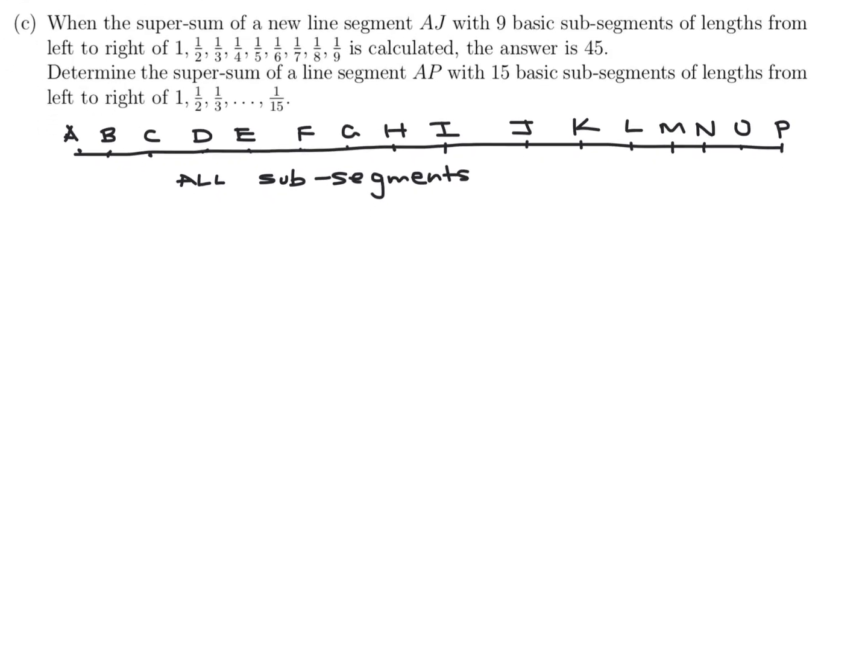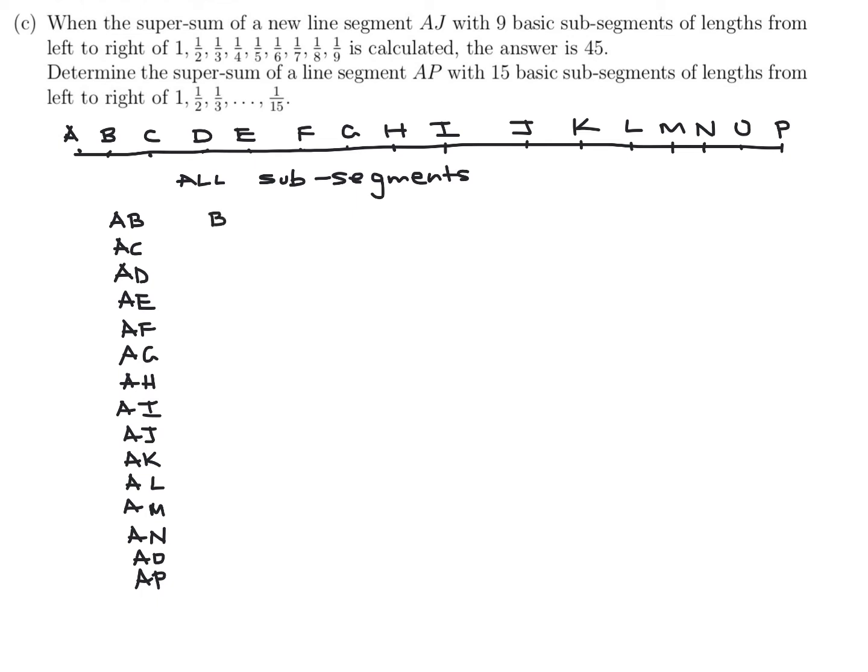So, for example, I've got AB, AC, AD, AE, and so on, all the way up to AP. So I will write them out, and then I'll talk about them. So that's all the A's, right? And then similarly, you'll have all the B's.